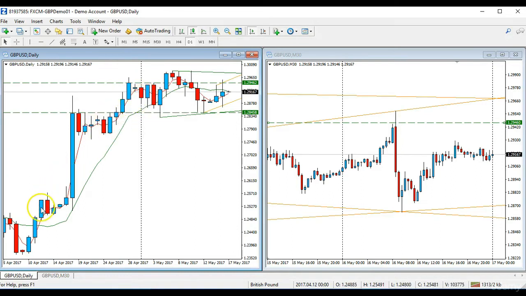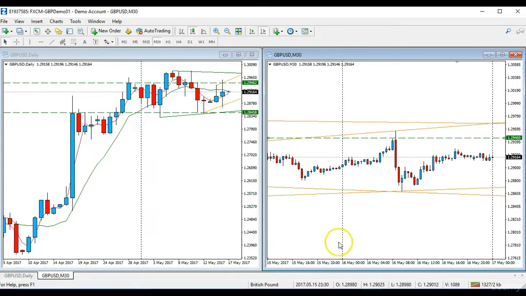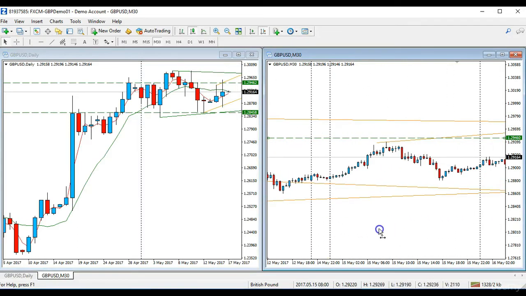When this fast moving average is moving very fast and the candles are exceeding the moving average, that's where I want to look for trades. But here the price is moving sideways, so the only trades I would want to take are these small sideways moves. I'm not going to take big moves in the market.